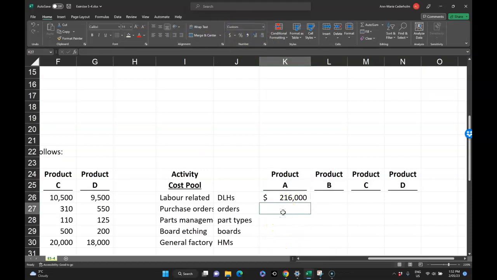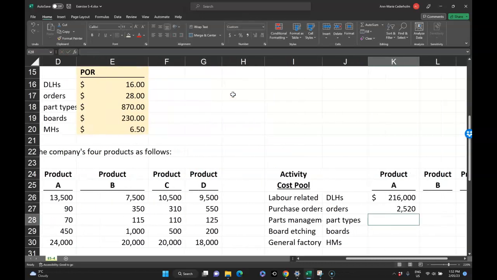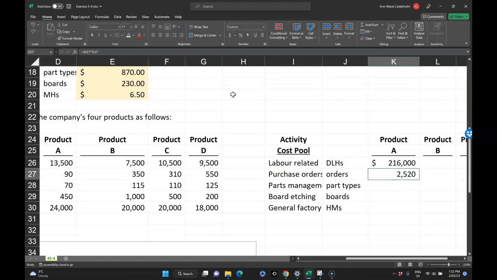Then with purchase orders, I'll do the same. Go equals, and then we have 90 actual purchase orders for A. I'm going to multiply that by the predetermined overhead rate, which was $28. And then I get $2,520. Parts management, just go equals.